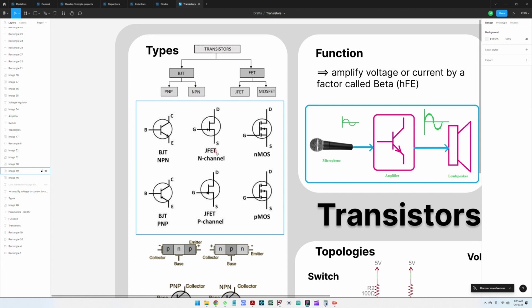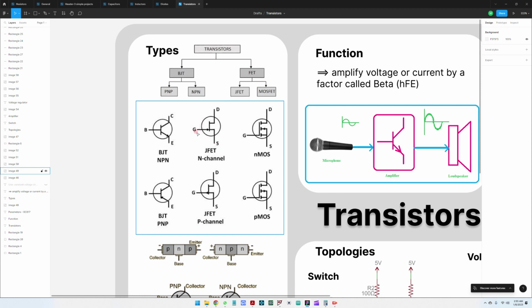Regarding the JFET transistors, the JFET transistors are a bit different from the MOS transistor, metal oxide semiconductor, because they have a constant current, a very small current flowing from the drain to the source.